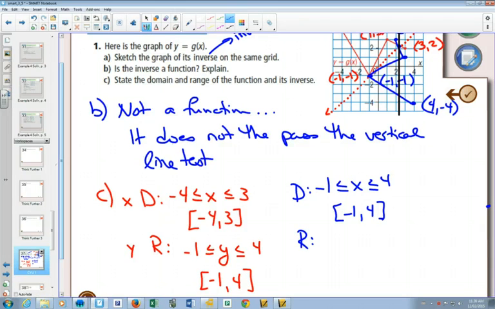And the x values of our original graph become the y values of our inverse. So the key idea, again with inverses, the x and the y values get switched.